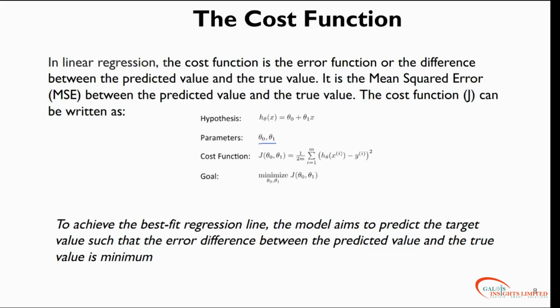The best way to achieve this is to achieve the best fit regression line. Our aim here is to simply predict the target values such that the error, or the distance between the predicted value and the actual value, is minimized. So that is the whole idea about linear regression and the cost function.